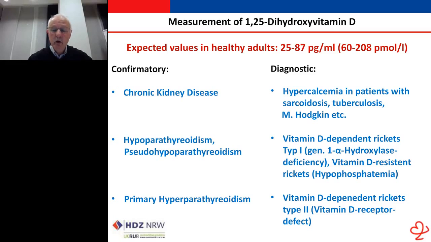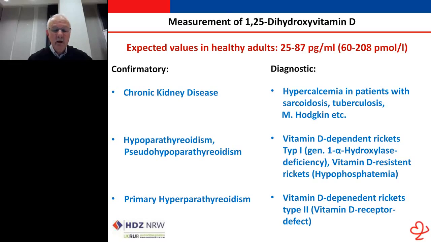And there are also two forms of vitamin D-dependent rickets. Type 1, where the 1-alpha-hydroxylase is very low, and the circulating 1,25-dihydroxyvitamin D is very low. And also vitamin D-dependent rickets type 2, where the 1,25-dihydroxyvitamin D is very high in the circulation because there is a vitamin D receptor defect.